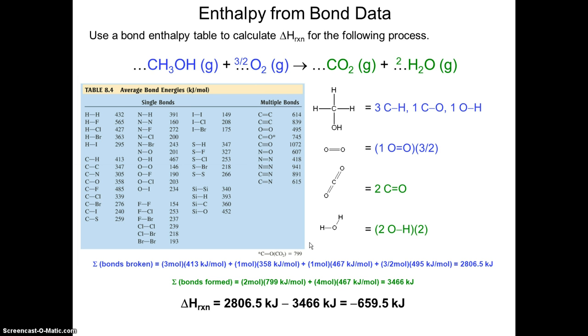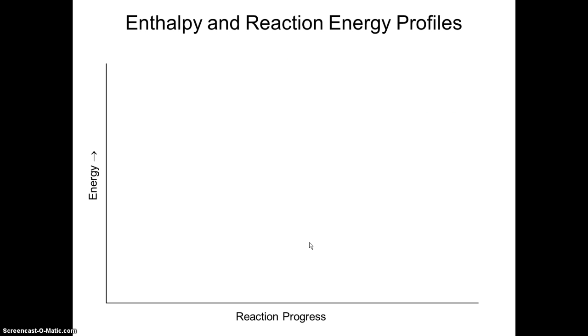And so we take this, the bonds broken is 2,806.5 kilojoules, the bonds formed is 3,466 kilojoules. That's released by the bonds being formed, hence the negative sign, and we see that we release negative 659.5 kilojoules, which gels well with the idea of this being an exothermic combustion reaction.